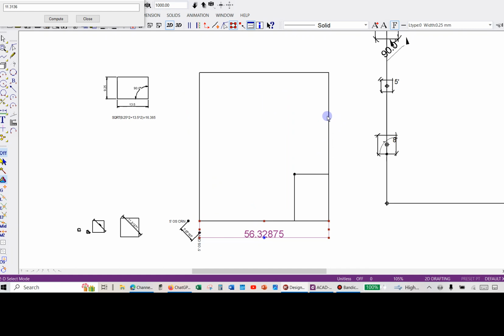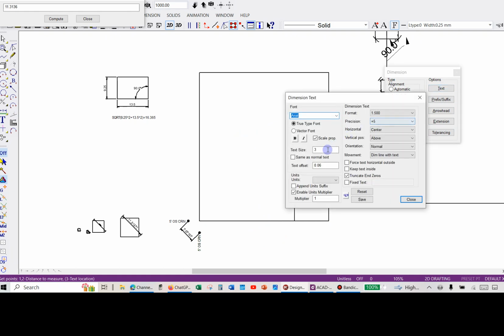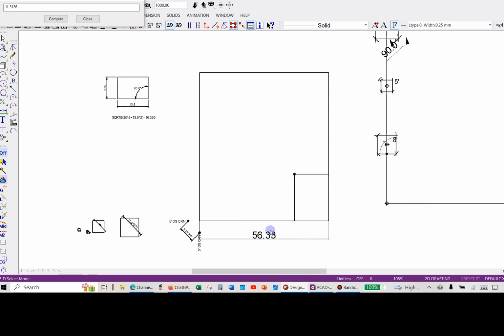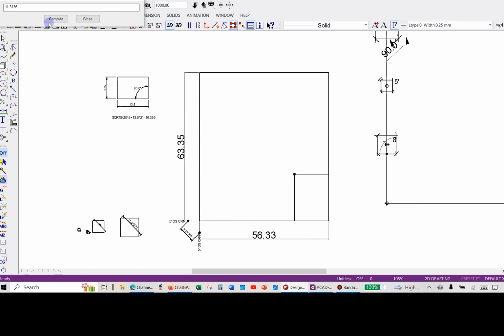Let's see, that's Control I. No, let's just get rid of that. 2 decimal places. So if this was the actual size of the building, to get the diagonal you'd be doing the same thing.